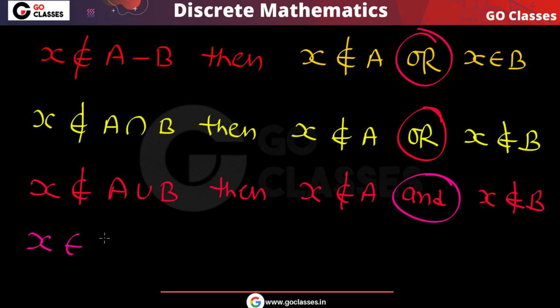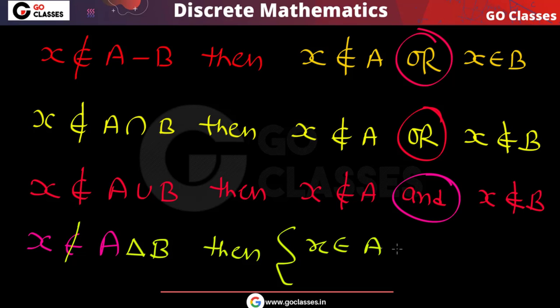Now similarly, let's assume x does not belong to the symmetric difference. Then what can we say? It means either x is in both of them or x is in none of them. So either x is in the intersection, or x is not in any of them.